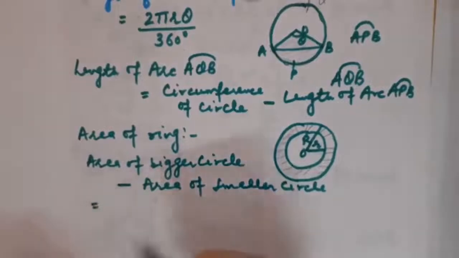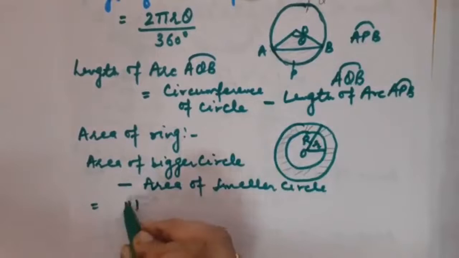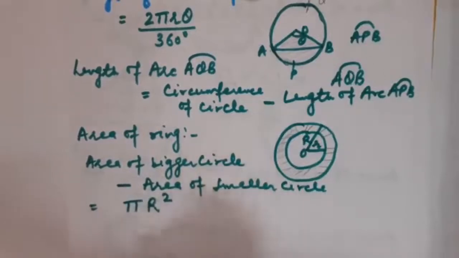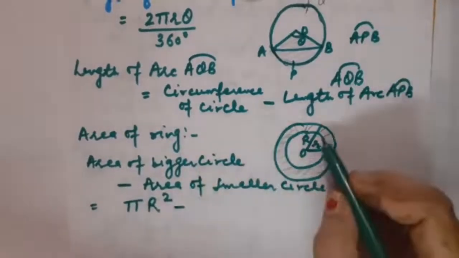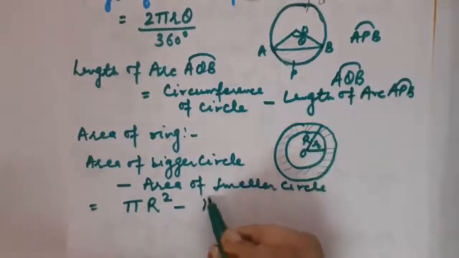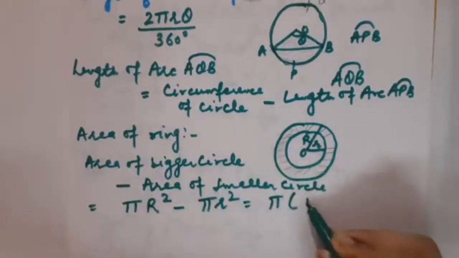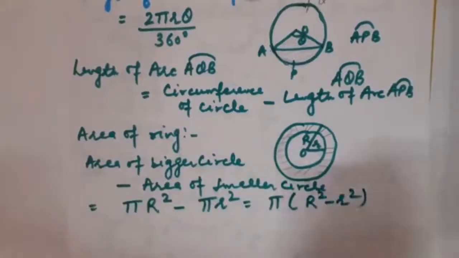Clear? So if capital R is the radius of the bigger circle, the area will be pi capital R square, minus, and if small r is the radius of the smaller circle, then its area will be pi small r square. You can take pi as common, it becomes pi times (R square minus r square).